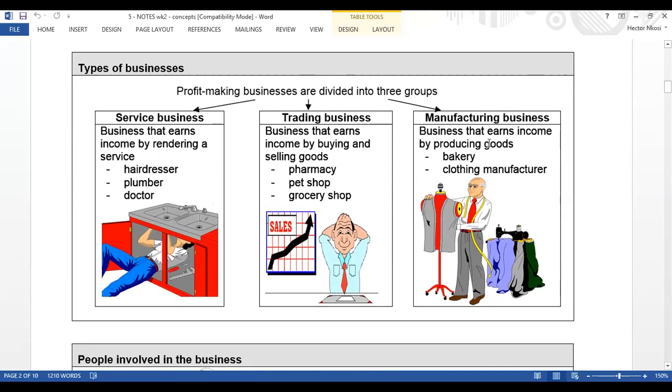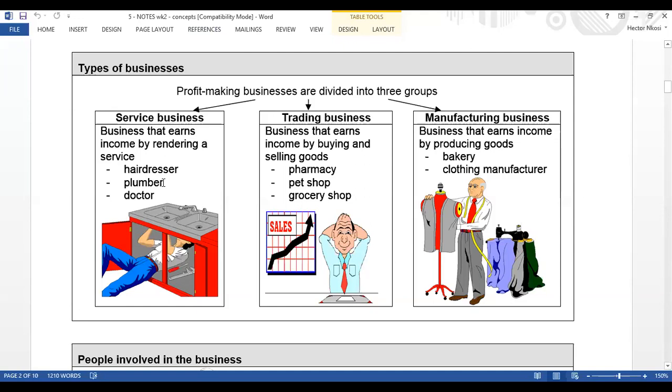You've got a manufacturing business that earns income by producing goods. Remember, guys, if you go to a dentist, a doctor, or let's say you need a lawyer, those people will be regarded as a service business because they are only rendering a service to you. If you need a plumber, maybe your tap is not working at home, that person does not sell things to you.